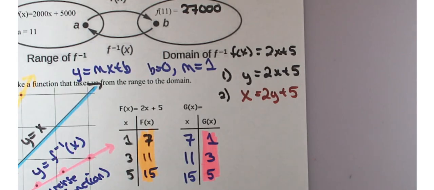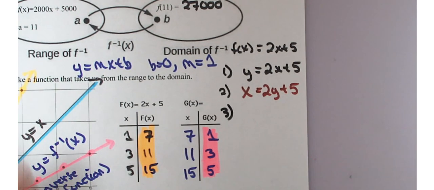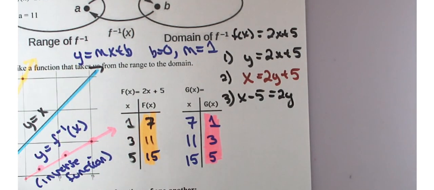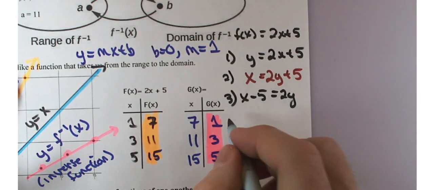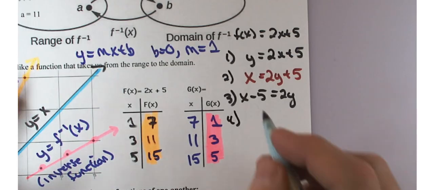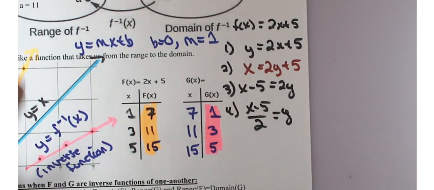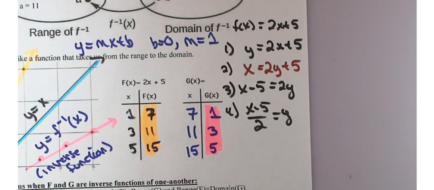Now we want to solve for y. So what do I need to do to solve for y? What would be a first step? Yeah, subtract 5. Then divide by 2, so x minus 5 all over 2. Yep, x minus 5 over 2 equals y.